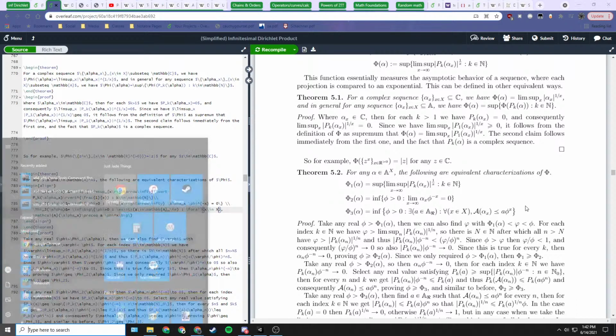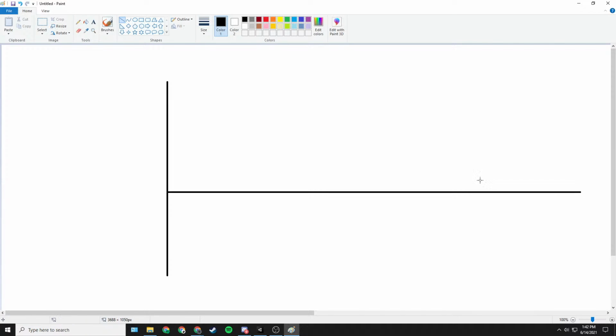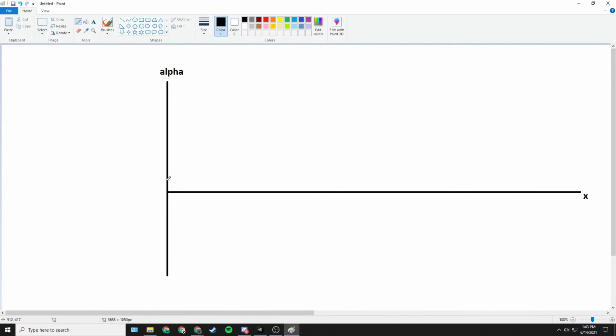So an example of how that could happen. Good old MS Paint. So if we have, this is our x-axis, and this is our alpha axis, for example, we could have something like this with an asymptote. And then we could just continue on like this towards a constant.